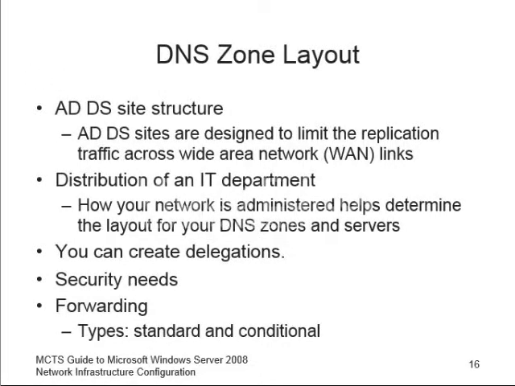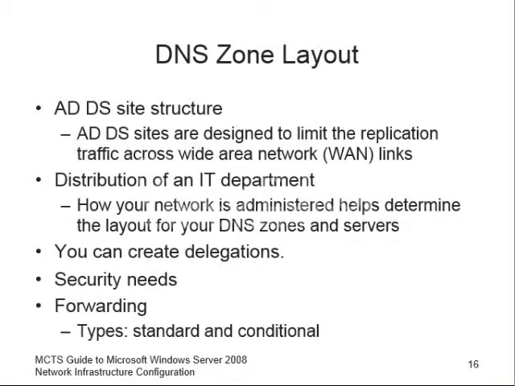And third, the security needs that your company has in terms of access to the domain controllers in the forest. Windows Server 2008 DNS implementation supports two types of forwarding, standard and conditional. A standard forwarder instructs a DNS server to forward all of the queries for DNS domains not hosted on the server to another server or servers.